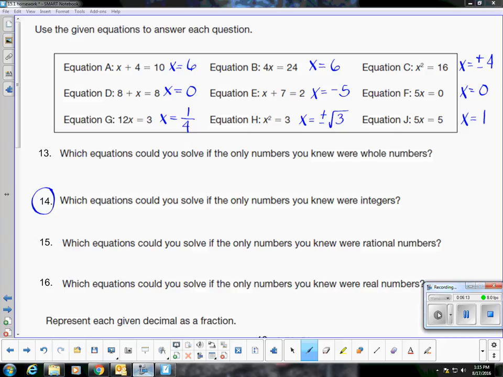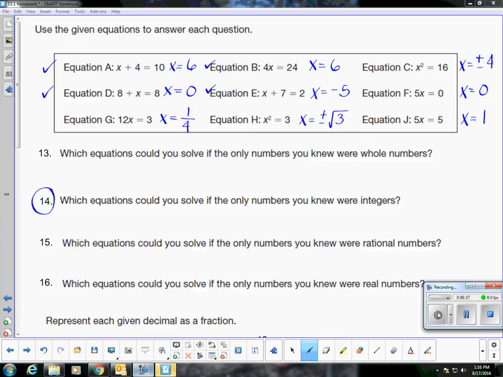So if I just have the list of integers to use to solve each equation, I could use the set of integers to solve equation A because 6 is an integer. 0 is an integer. Again, 6 is an integer.